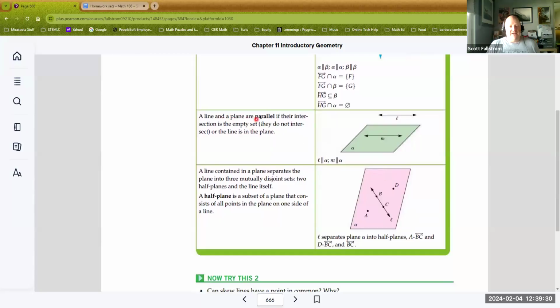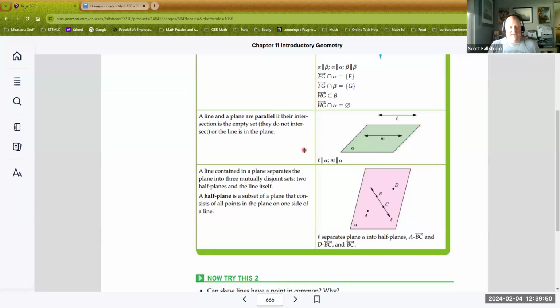Next up, a line and a plane are parallel if their intersection is the empty set. What does that mean? You can't say there's infinitely many points that don't hit. You have to say there is not a single point where they do hit. That's what we would have to say.